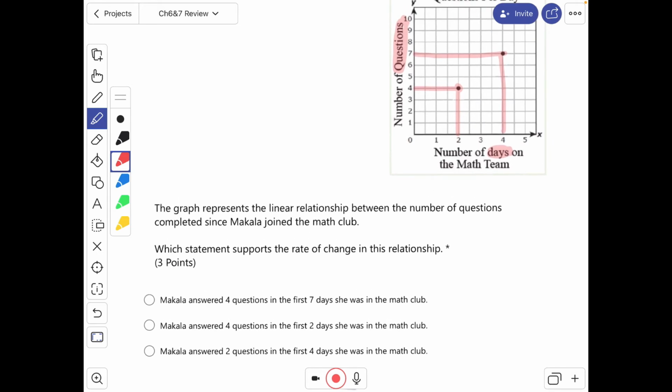Now let's look at some of the answer choices. It says Michaela answered 4 questions in the first 7 days. 4 questions. Questions are over here. So if I go to 4 questions, would that be 7 days? No.